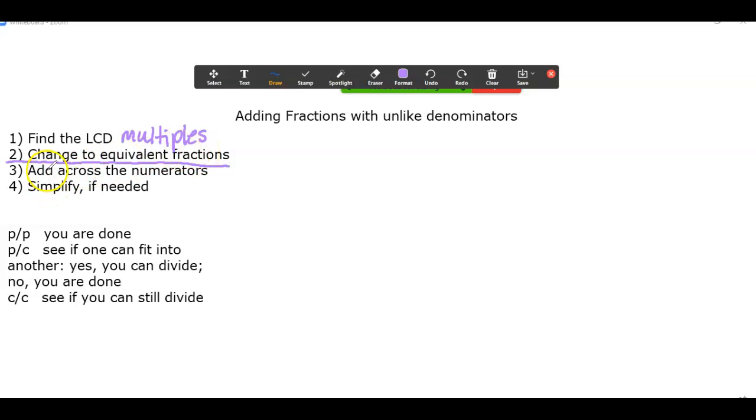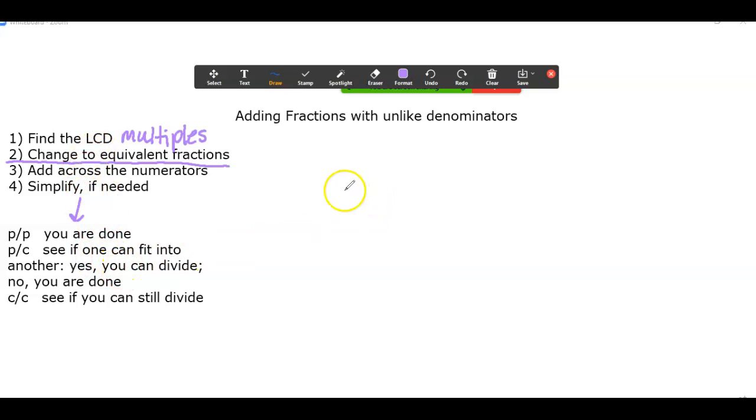So today we're just going to add across the numerators, and you're going to see how simple that part is. And then we simplify if needed, which is why I'm giving you these notes, because I want you to remember that that's your simplification, whether you're done or not. Okay? So we're going to do 2 problems on this video together. I'm going to go kind of slow because I know a few of you were kind of struggling a little bit with these first 2 steps.